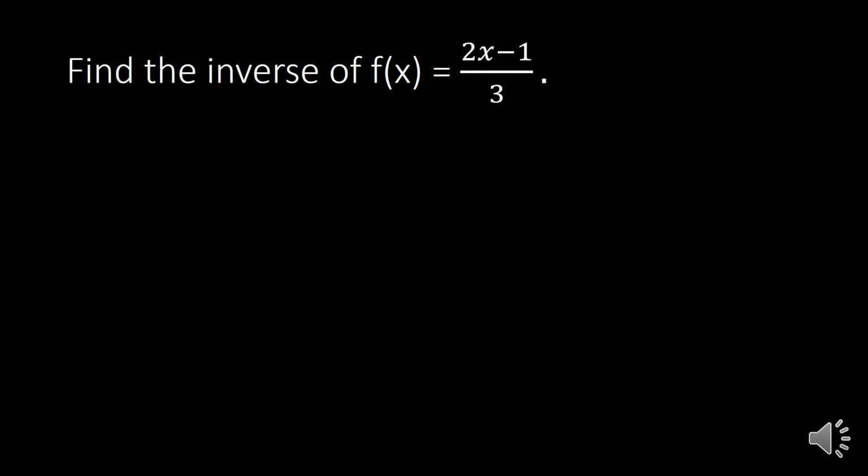Next, we have this example: f of x equal to 2x minus 1 over 3. Notice we've got more than two operations involved. So again, we are going to start off with division first before we go to the group on the top. So we have f to the negative 1 of x that will be equal to x, and then we divide by 3. The inverse of that is multiplied by 3.